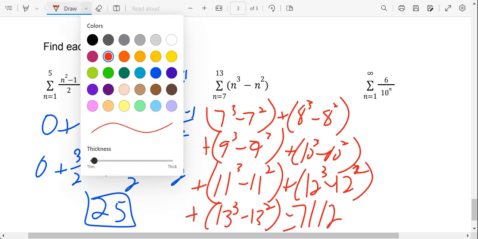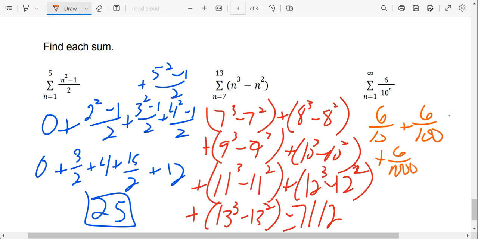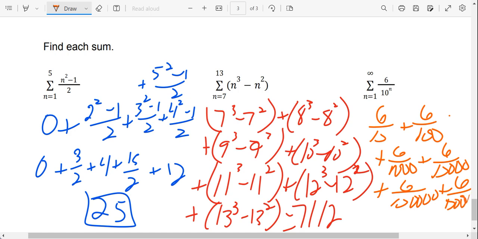Finally, this is an infinite one, so it goes on forever. You'll start to notice that it's going to get closer and closer to a certain value as it keeps going on forever. So let's figure out what that would be. We'll put 1 in, you'll get 6 over 10. 2 in, 6 over 100. 3 in, you'll get 6 over 1,000. 4 in, 6 over 10,000. 5 in, 6 over 100,000. 6 in, 6 over 1 million, and it's going to keep going on forever.